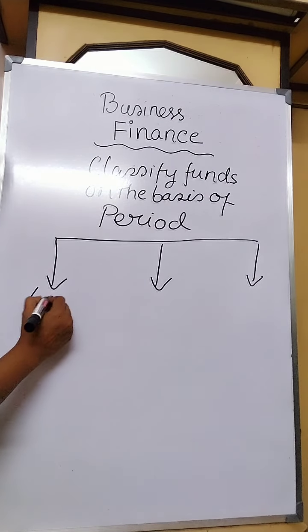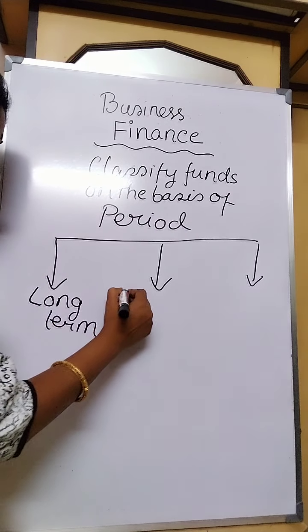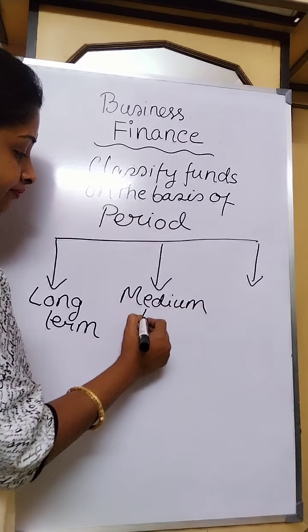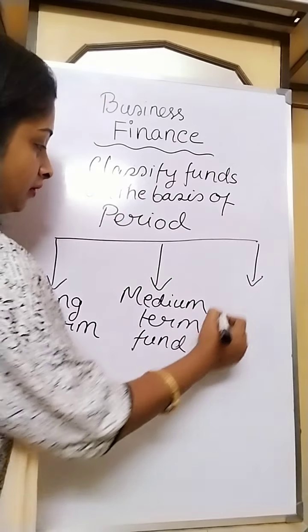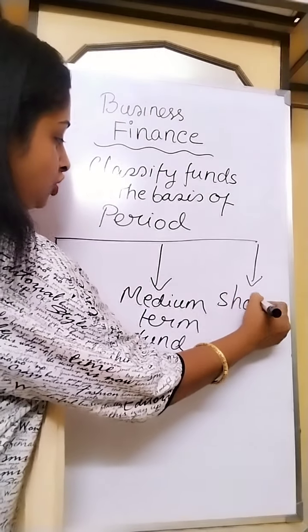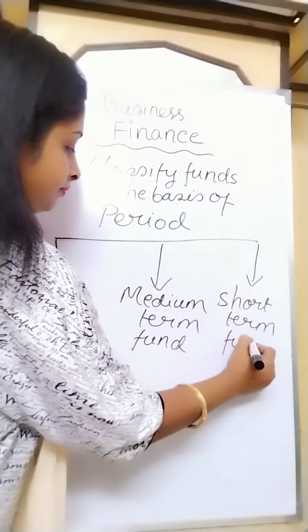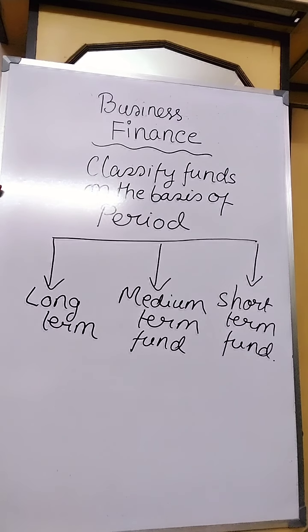Number one is long term fund. Next is medium term fund. And third one is short term fund. Now I will tell you about these three funds one by one.